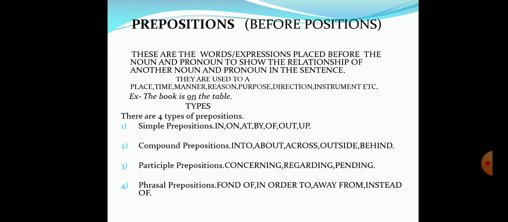In this type you have the word phrase. A phrase means a group of words which function as a single preposition, called phrasal prepositions. The main phrasal prepositions are fond of, in order to, away from, far away, instead of, in spite of, on behalf of, on virtue of, for the sake of, at the rate of, etc. are called phrasal prepositions.